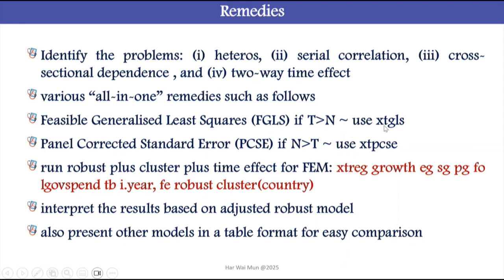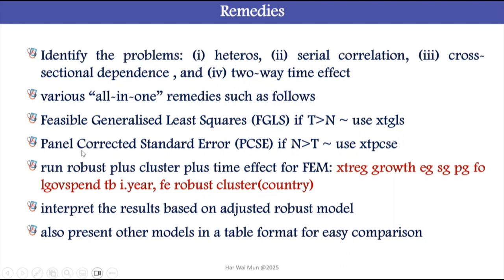So you use XTGLS. GLS, remember the random effect model? If you can recall the random effect model that I purposely highlighted to you, you use GLS estimation. GLS estimation doesn't really follow the normality assumption, so in this case you can relax some of the assumptions.